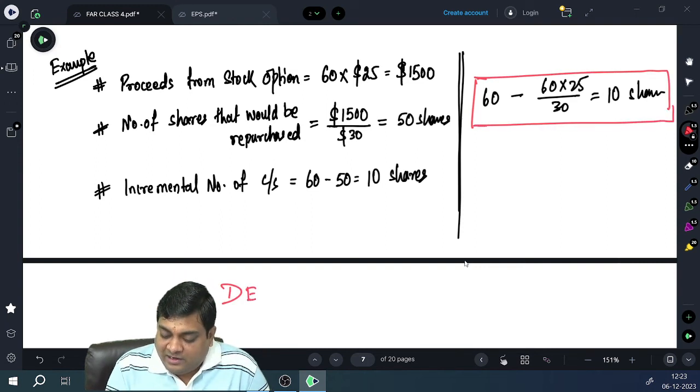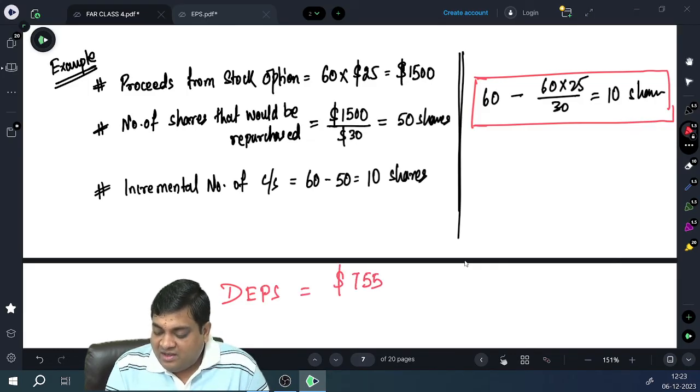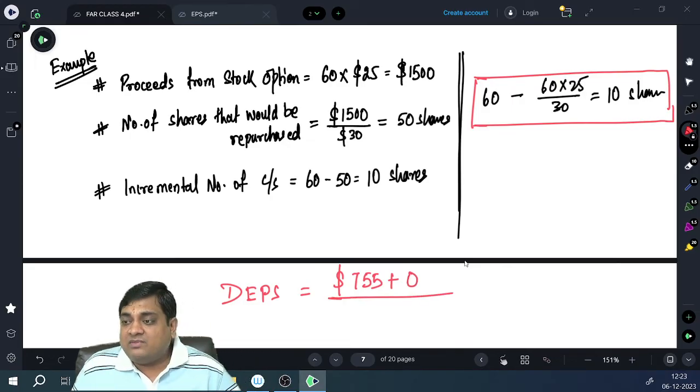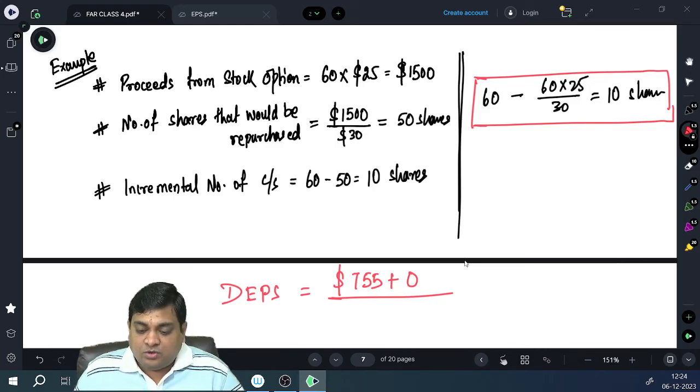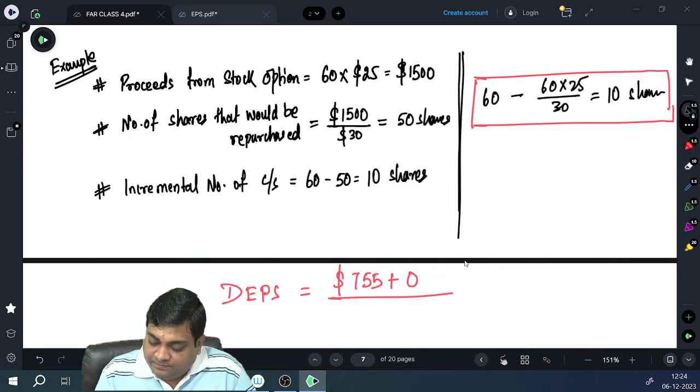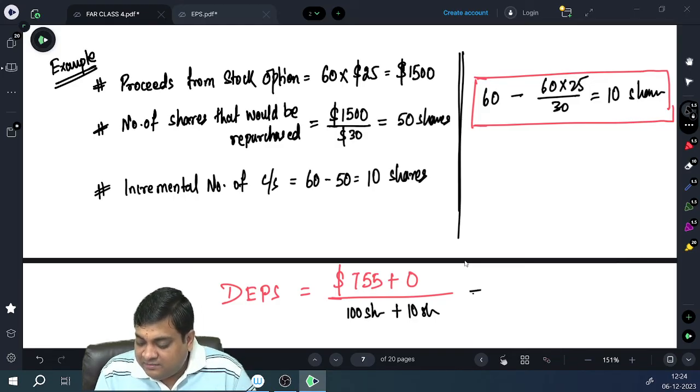Now when you calculate diluted earning per share, already we have 7.55. If these are issued now, the savings is 0, because anyway when I have given them this stock option, I was not paying them anything, right? So when I convert them into equity, there won't be any savings, but it was 100 shares, so it will increase by 10.